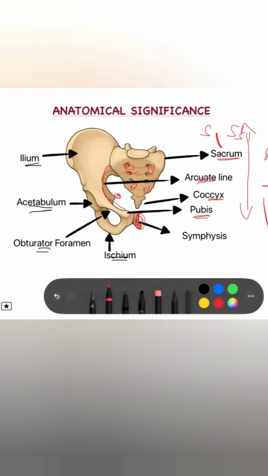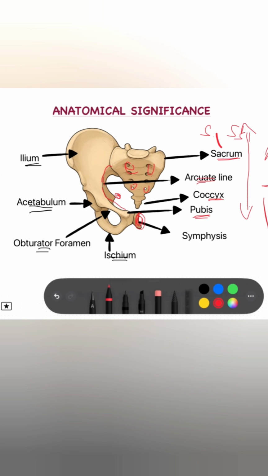Those are the nervous parts moving from S1 to S5, the sacral vertebrae in short. Next, for obstetrics, the sacral curve forms part of the birth canal.